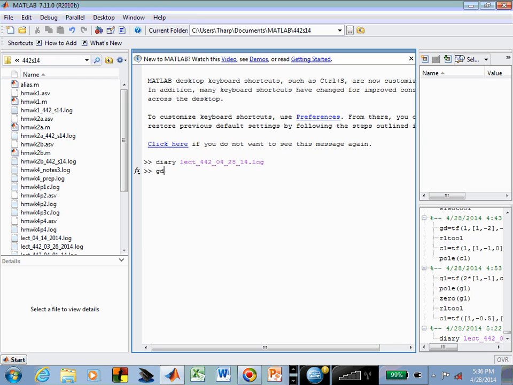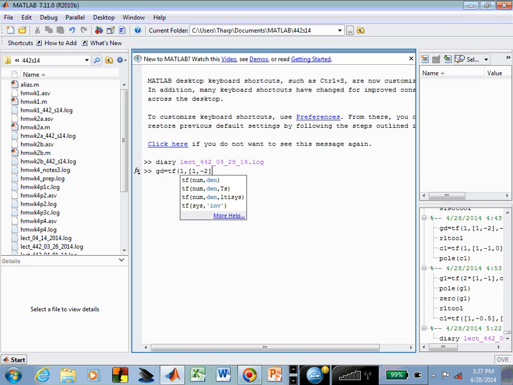Before we do, let me go ahead and define my plant, which was just a single pole at z equal 2. The numerator was a constant 1. My denominator then has an expression of 1 times z minus 2.